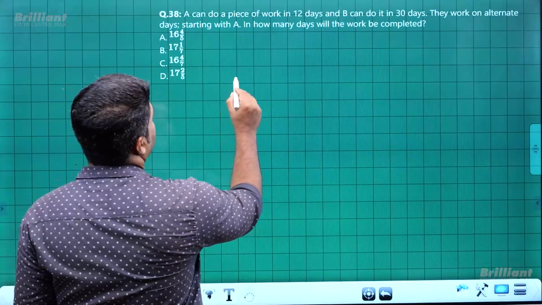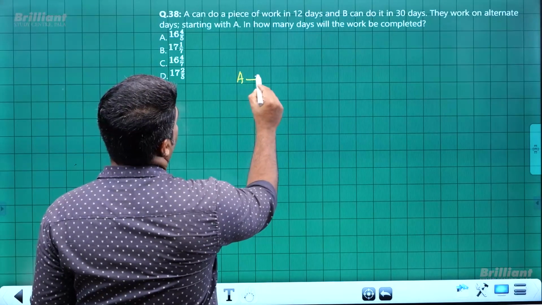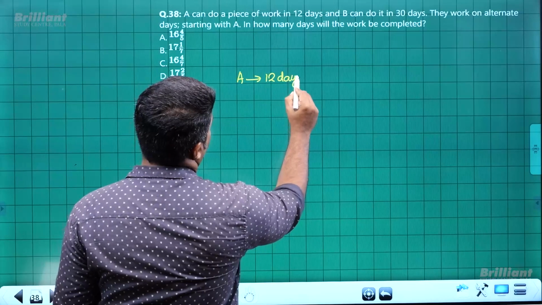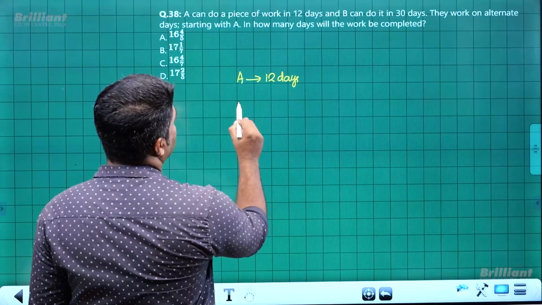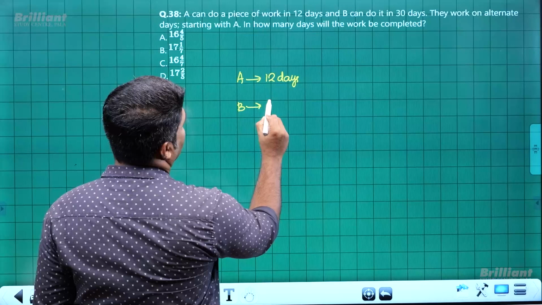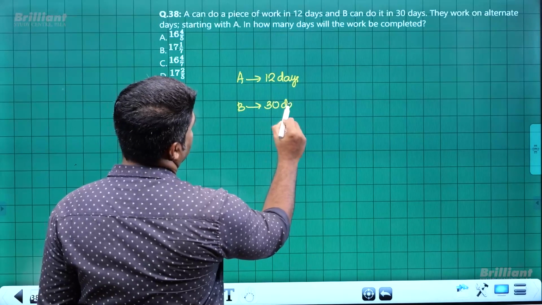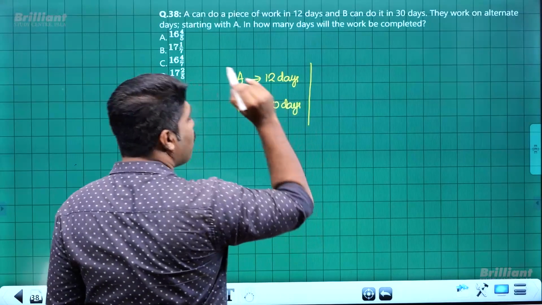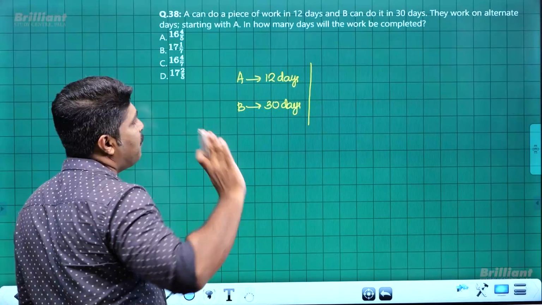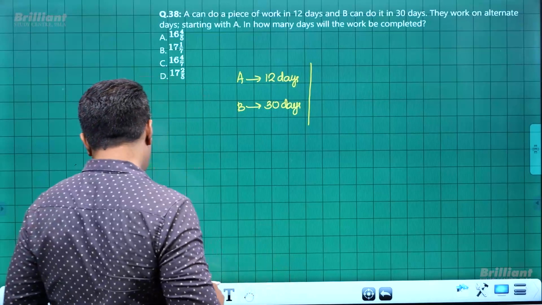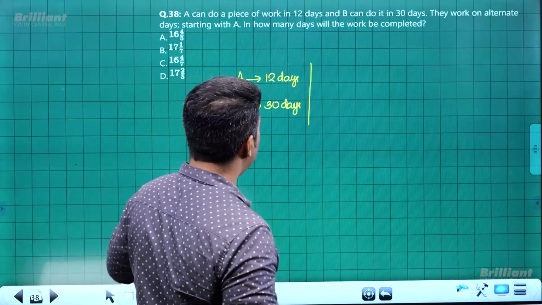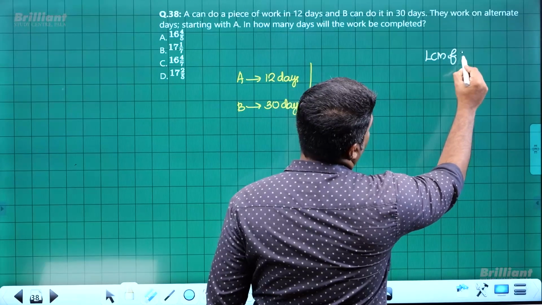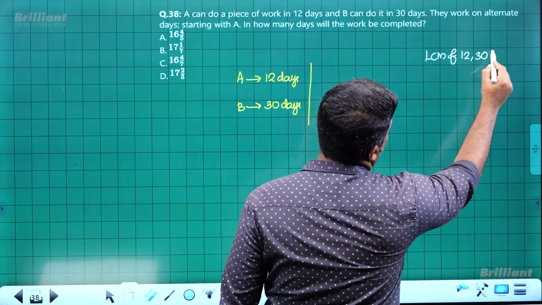So here, A can do a piece of work in 12 days. You just simply write it, 12 days. And B can do the same work in 30 days. First step, we have to identify the LCM of 12 and 30.